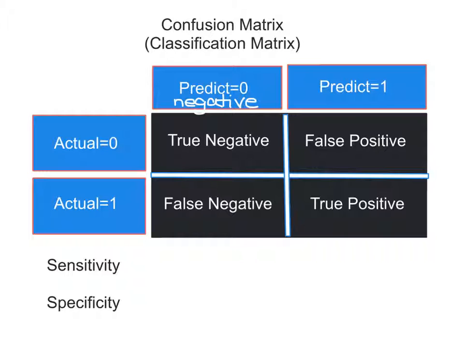And if we predict this negative outcome when our actual is a negative outcome or an actual false, we say that we have a true negative. If we predict a negative and our actual is a true, then we have a false negative.